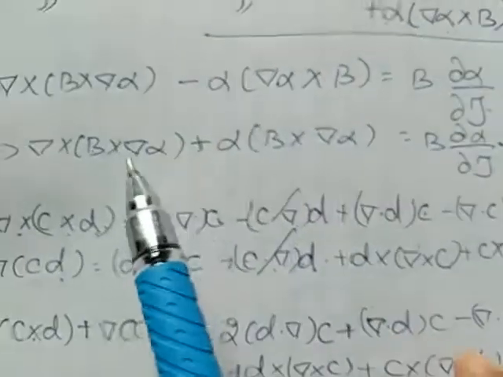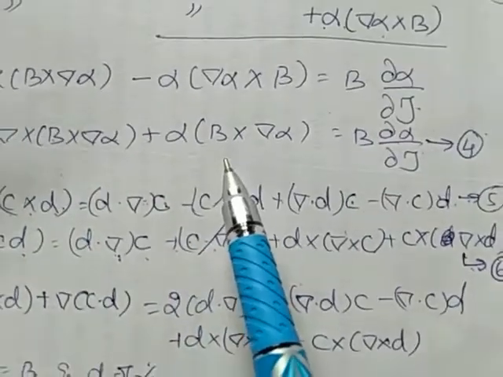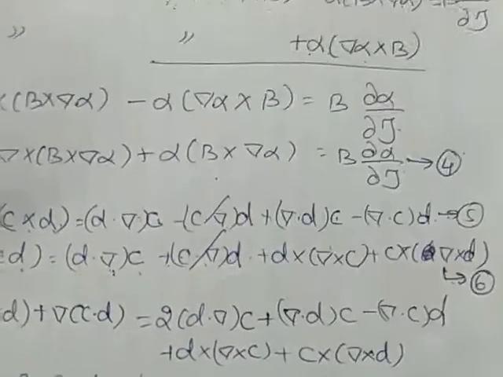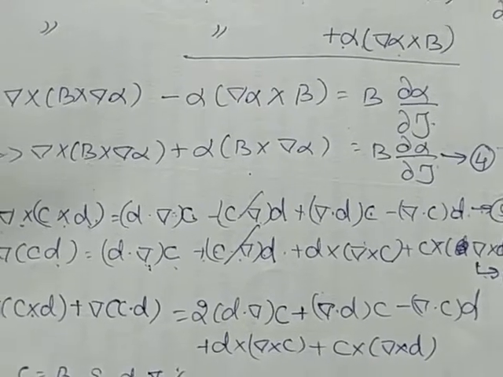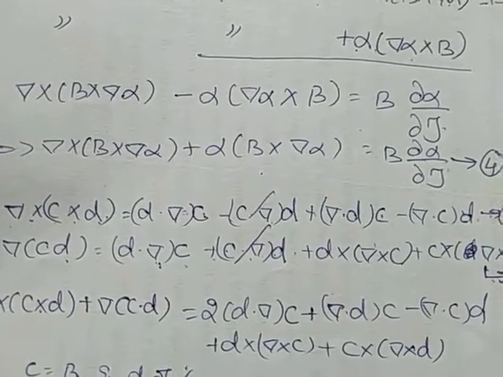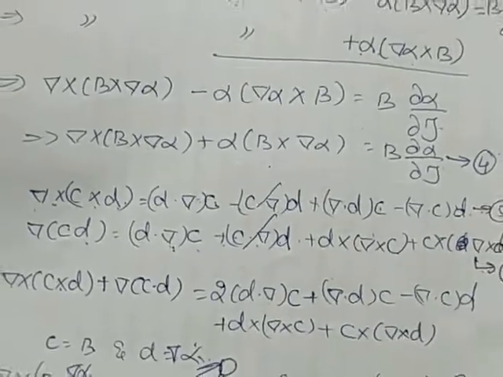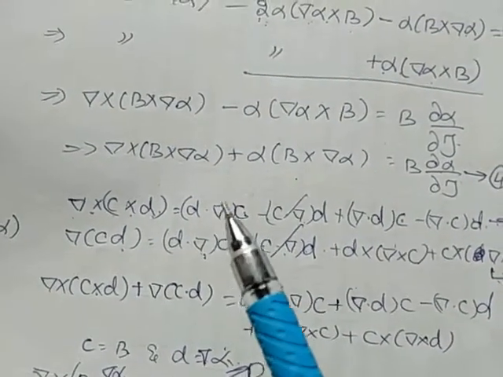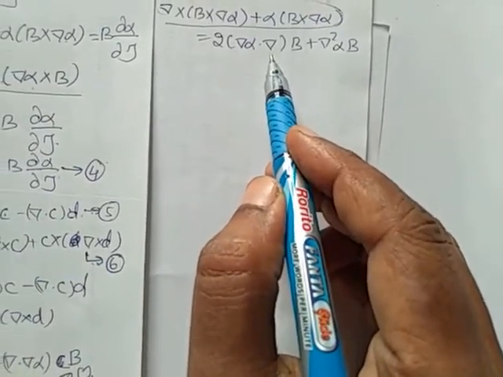See, our equation 4 is del cross B cross del alpha plus alpha into B cross del alpha, right? That's what we have got. Now we are going to substitute our result in equation 4. So this is our result. We are going to substitute this in our equation 4.